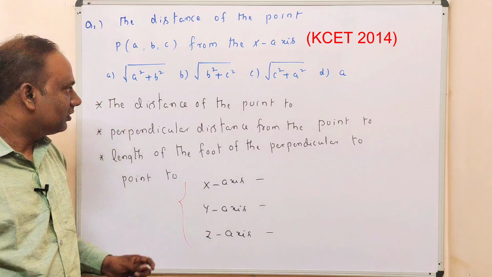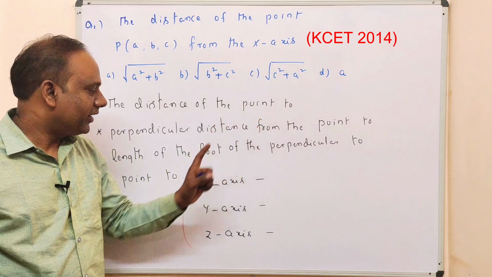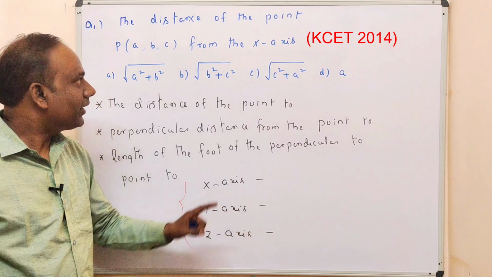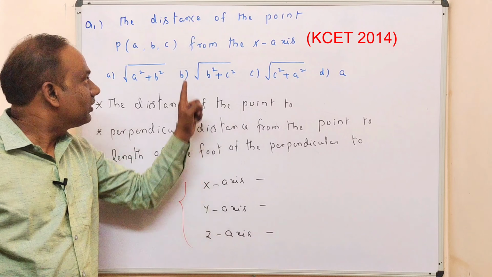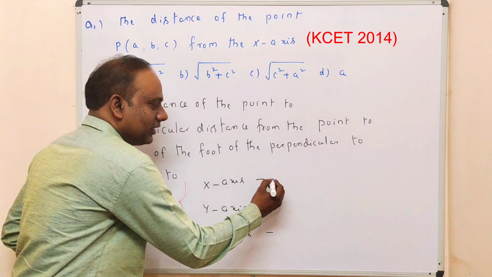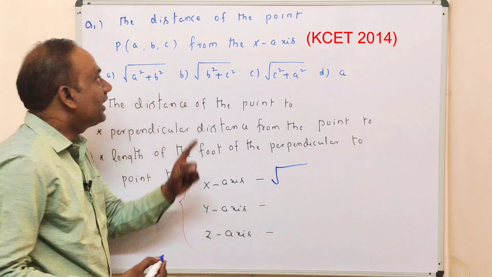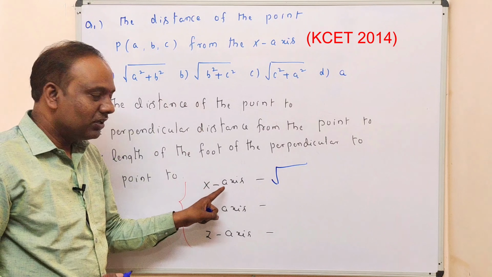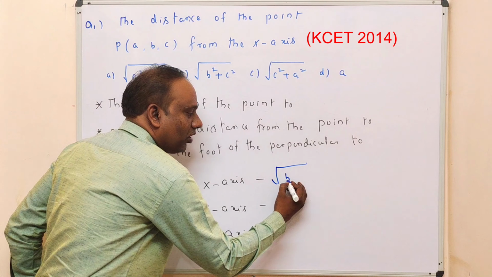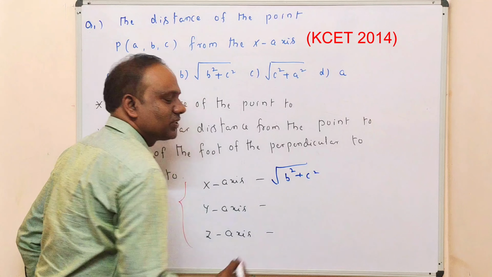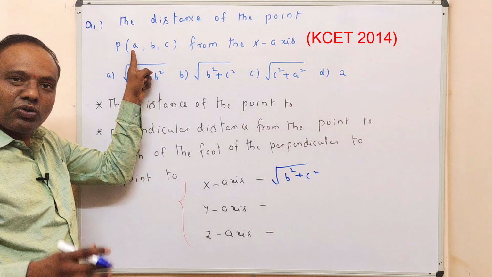First of all, the distance of the point to the x-axis. Taking the point A, B, C, the distance from the point to the x-axis is the root of b square plus c square, that is, leave the x coordinate.